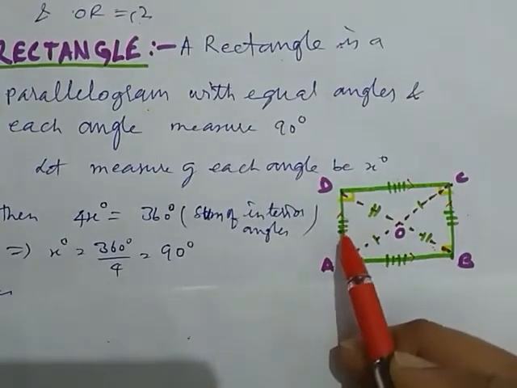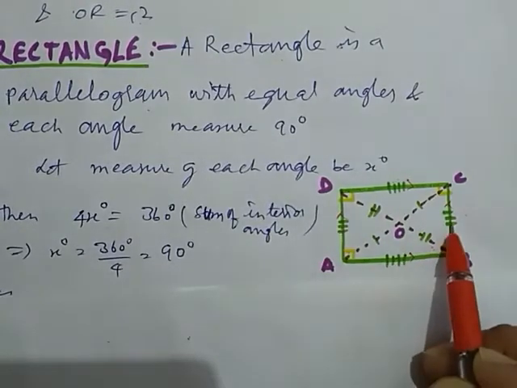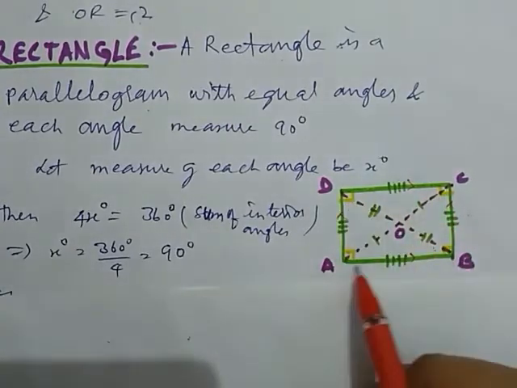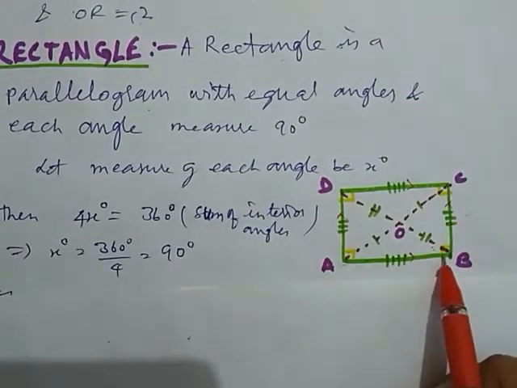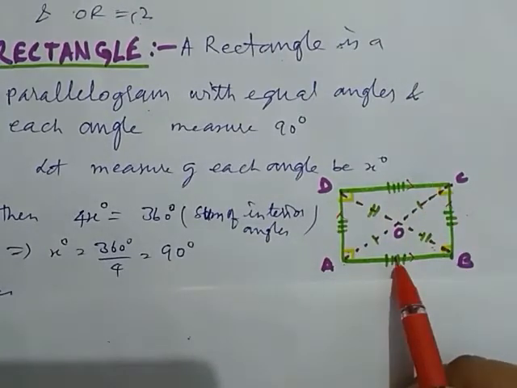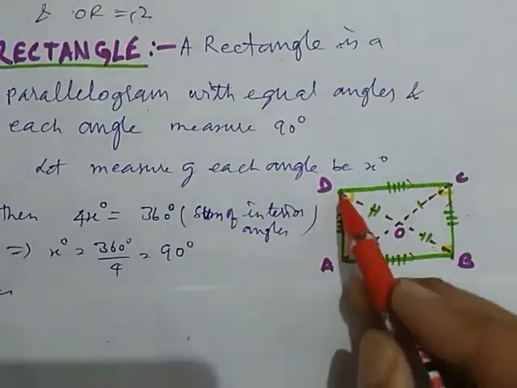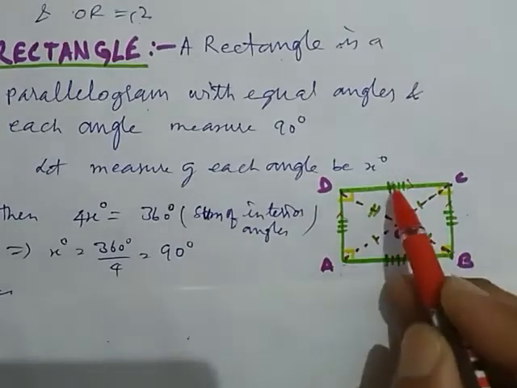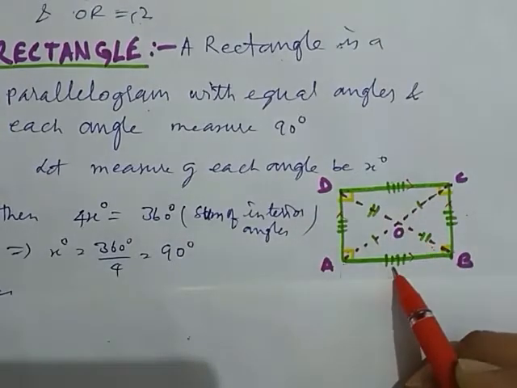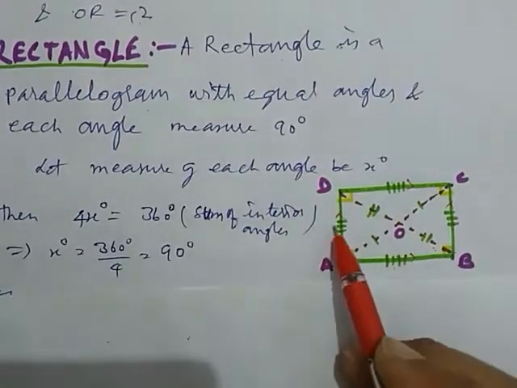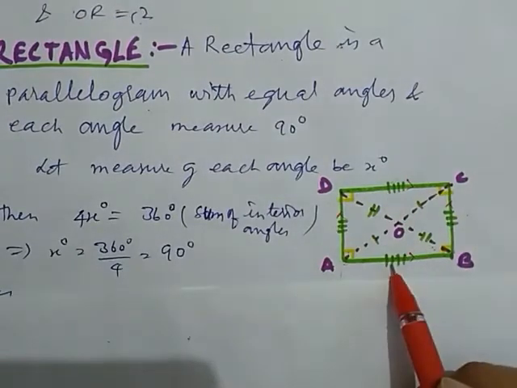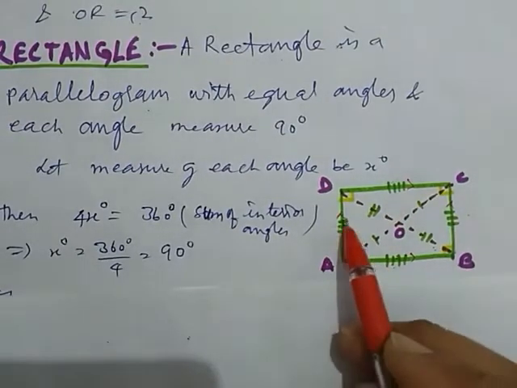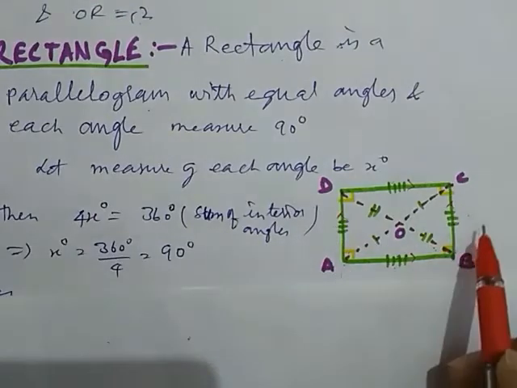Here, this side is equal to this side because opposite sides are equal, so these lines automatically become parallel. Same for these two lines, because these two sides are equal. So here two sets of parallel lines are there, due to which this is a parallelogram.